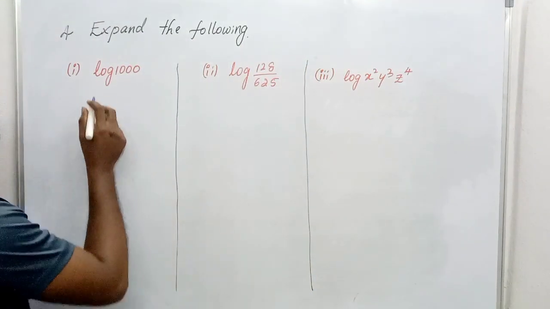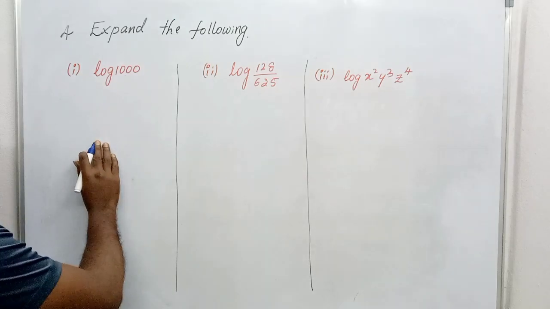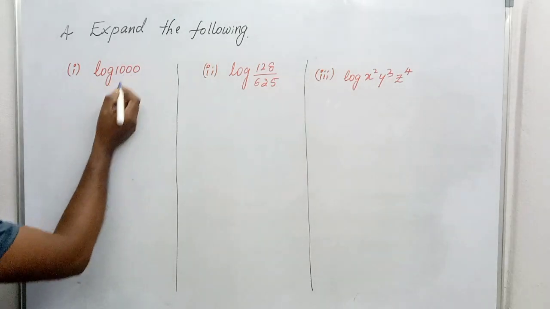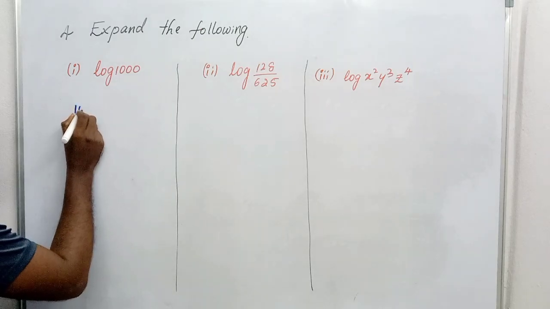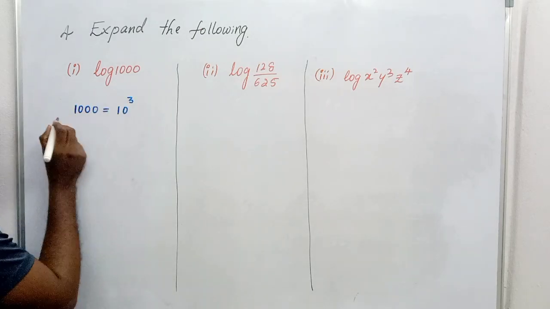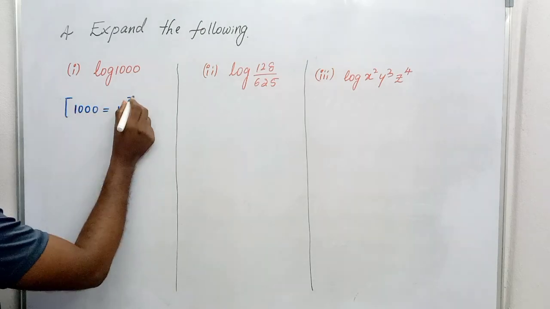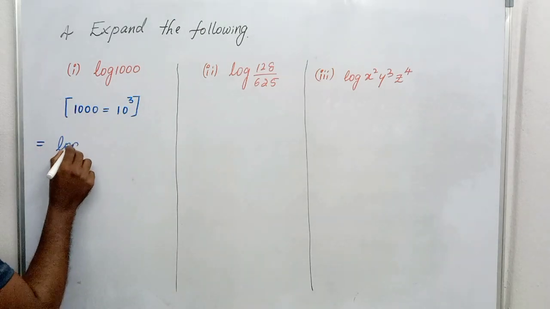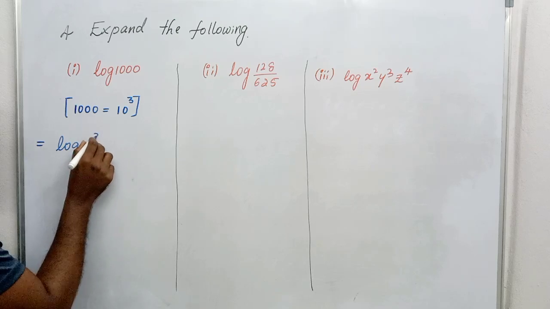Okay, so we need to expand log 1000. 1000 can be written as 10 cube. Yes or no? Yes. So then I am writing log 10 cube.